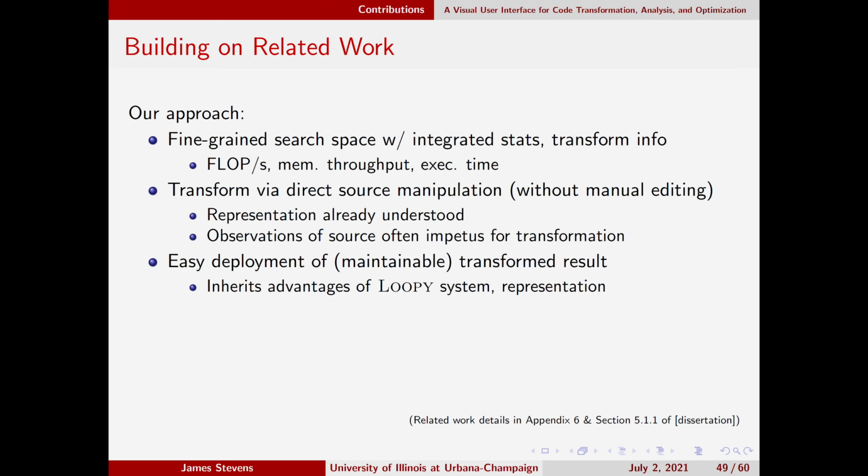And we enable easy deployment of a modifiable program generation script that uses our underlying programming system, so the deployed program representation inherits all of the advantages of this system.